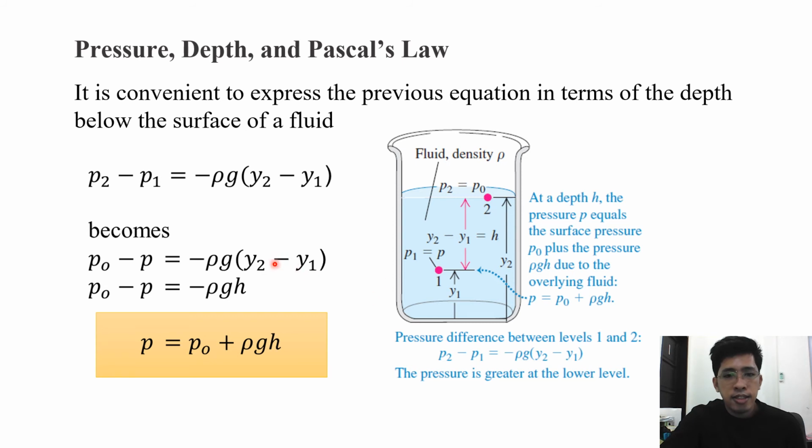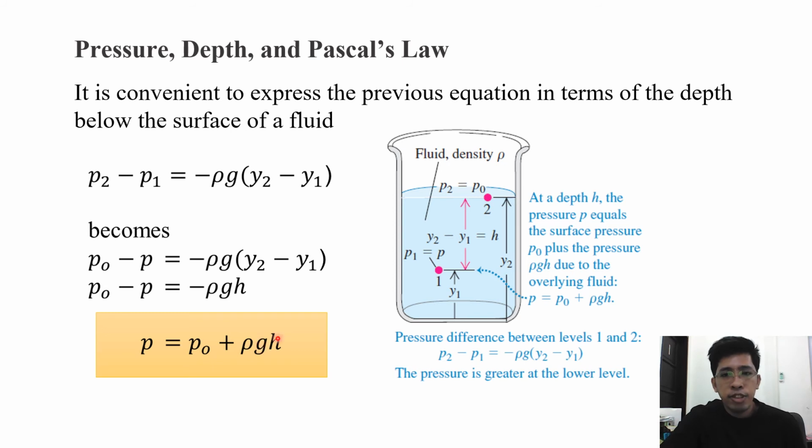Since y2 minus y1 is just equal to the height from the surface here, we can replace this with h. Thus, your pressure equation becomes P equals P naught plus rho gh.